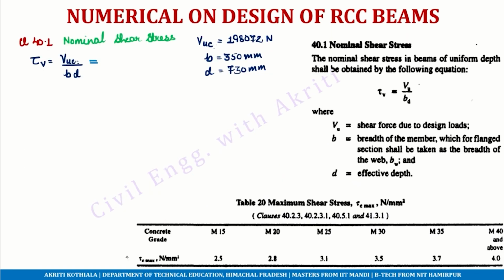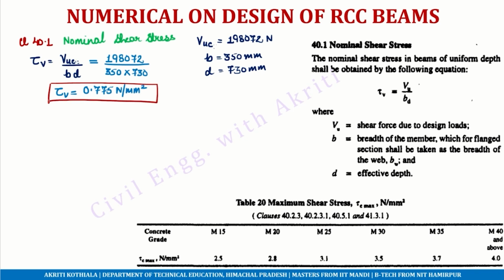Now from clause 40.1, we can calculate the nominal shear stress. So the nominal shear stress will be equal to VuC upon bd. Substituting these values, we obtain the nominal shear stress tau v equal to 0.775 Newton per millimeter square.